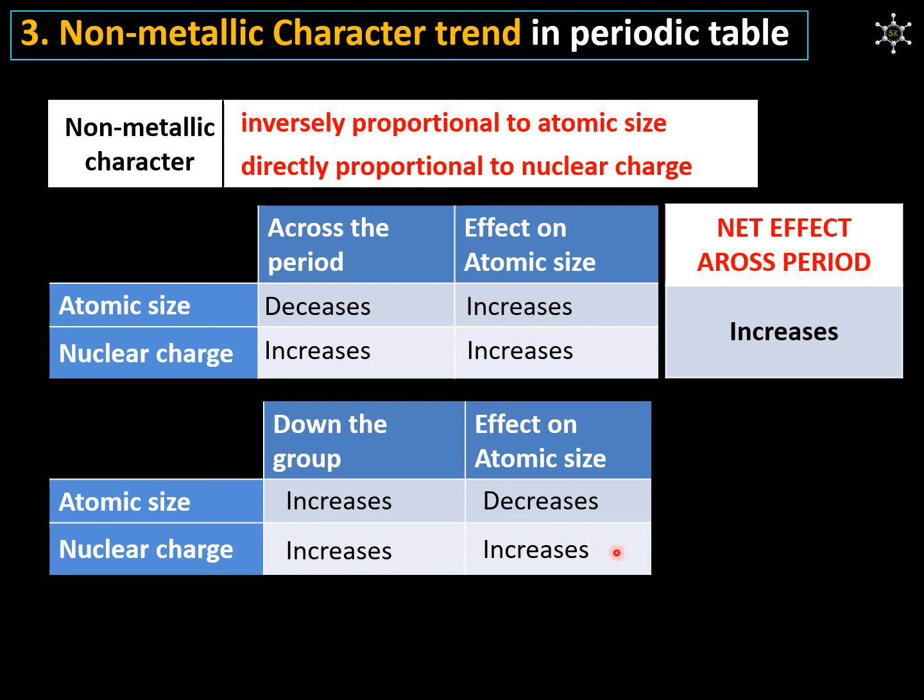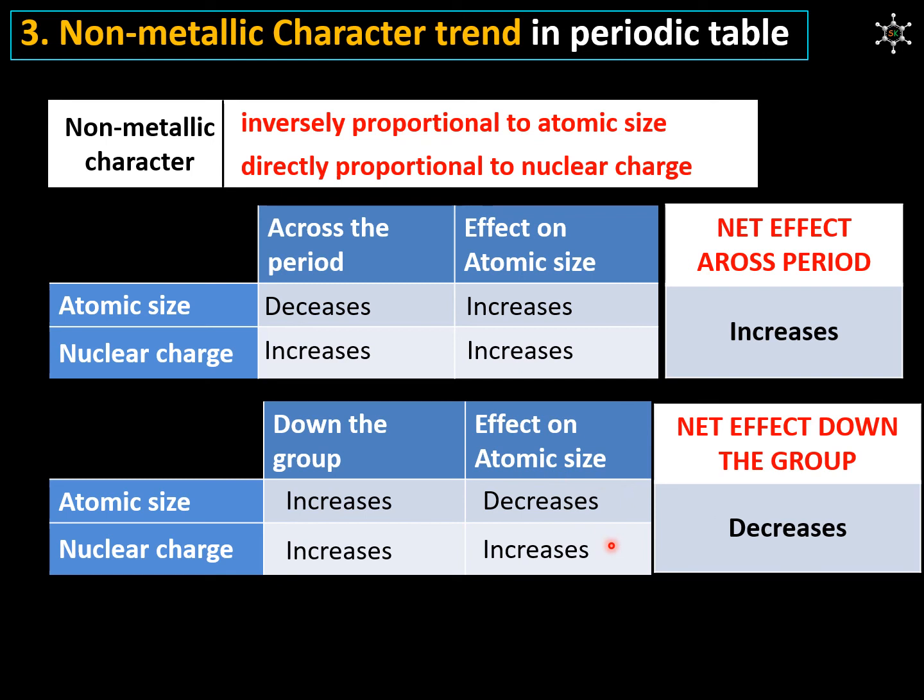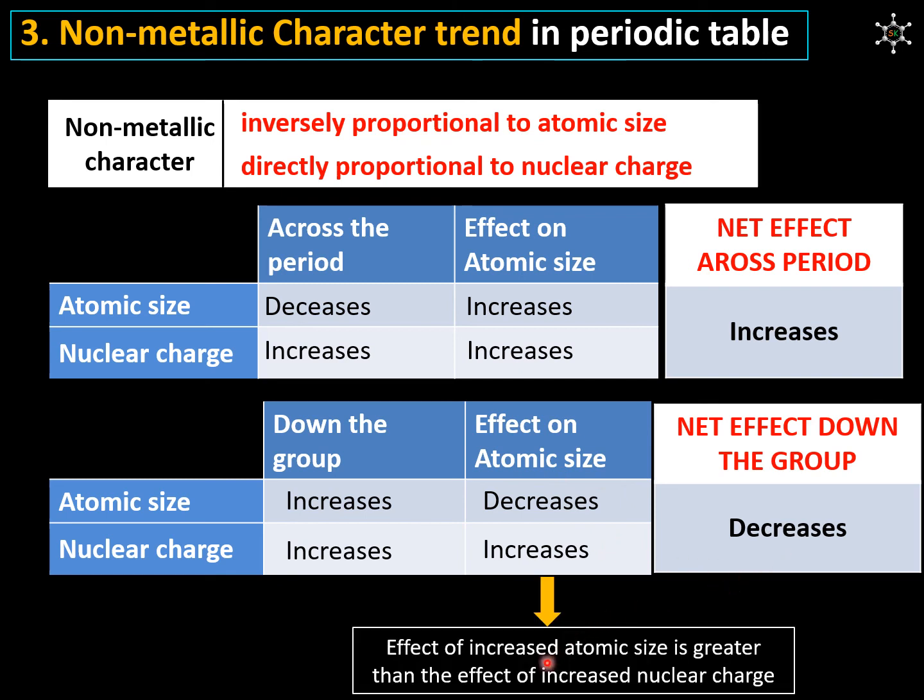What happens to the non-metallic character down the group is the net effect of these two, and that is observed to be decreasing because the effect of increased atomic size is greater than the effect of increased nuclear charge when we move down the group.